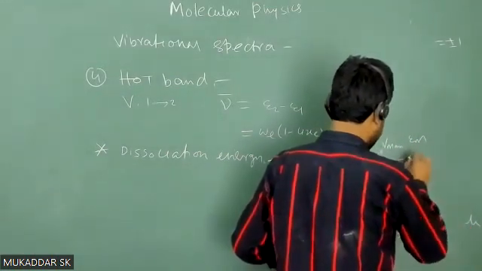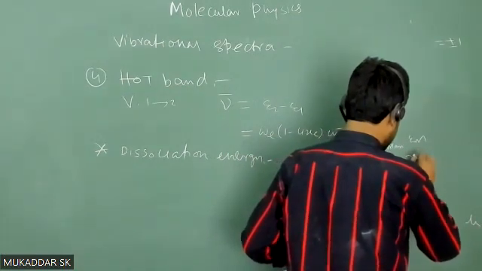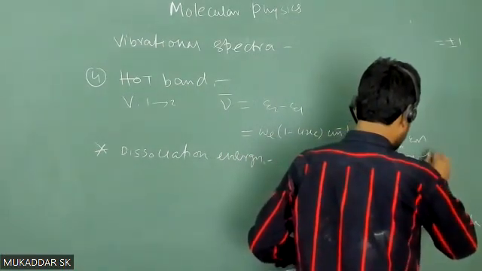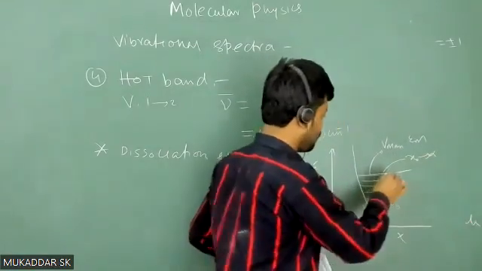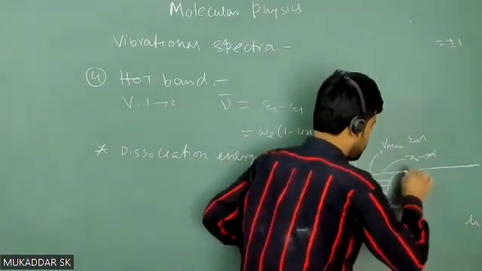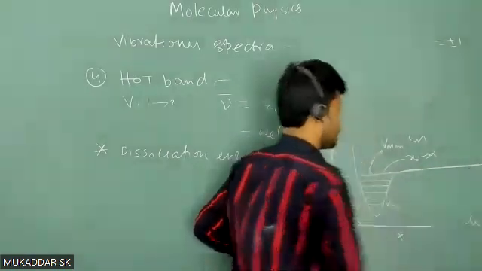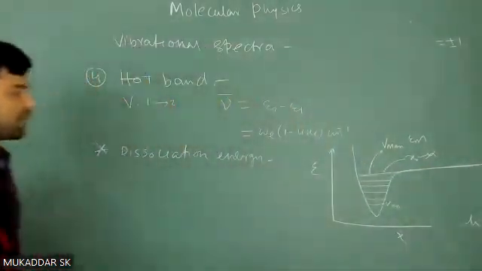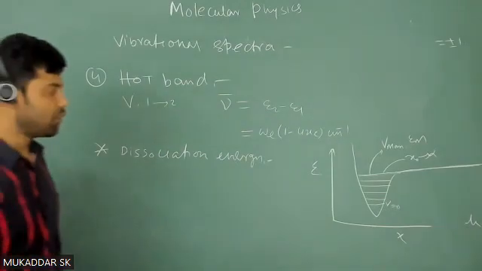In that scenario, the bond length will be infinity, because this end is free, right? This can oscillate up to infinity. So here the bond length will be infinity, so the molecule will be dissociated.